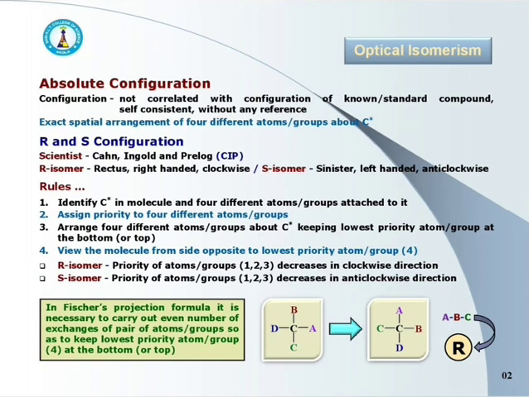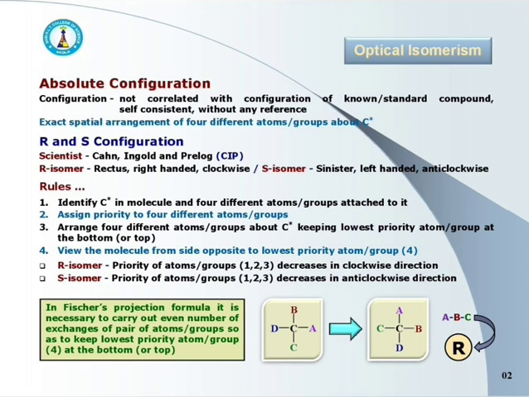Here R means rectus, that is right-handed or clockwise, and S means sinister, that is left-handed or anti-clockwise.